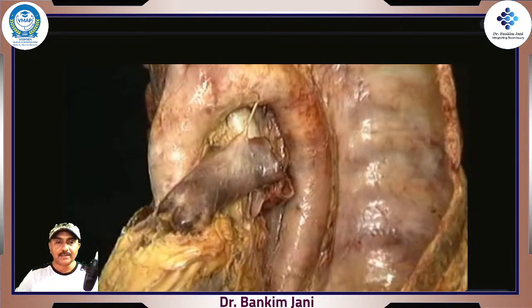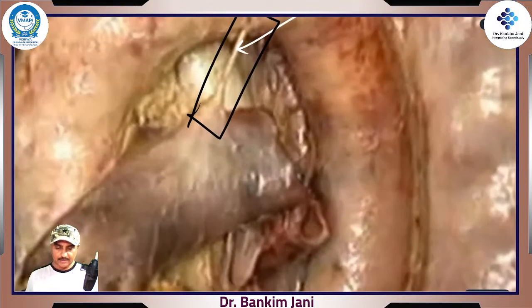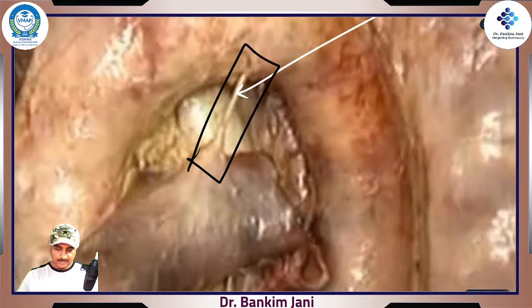Now we zoom to this. We want to see some of those structures. Acha. Can you see this structure, right? A very, very delicate structure. What I'm talking about is this structure.